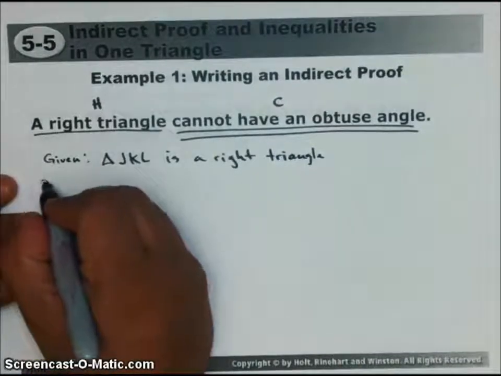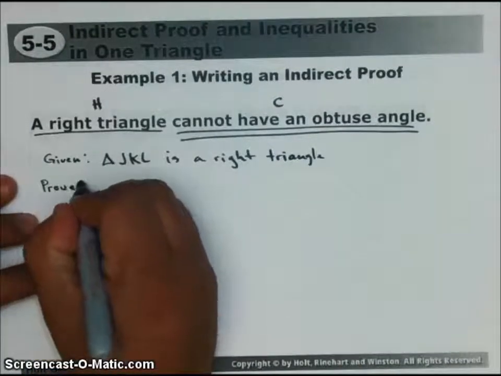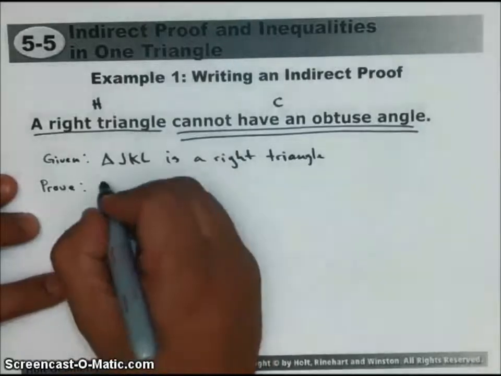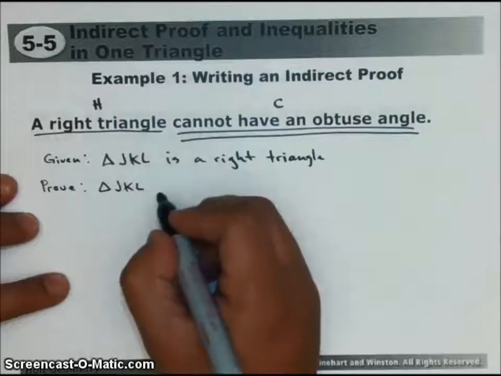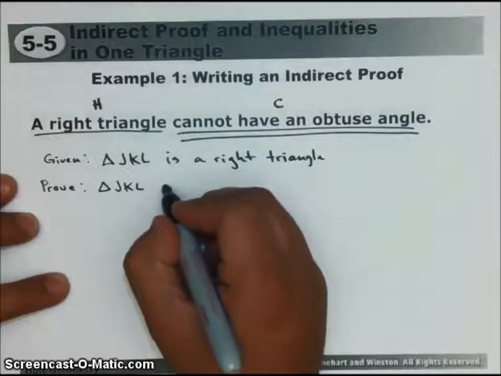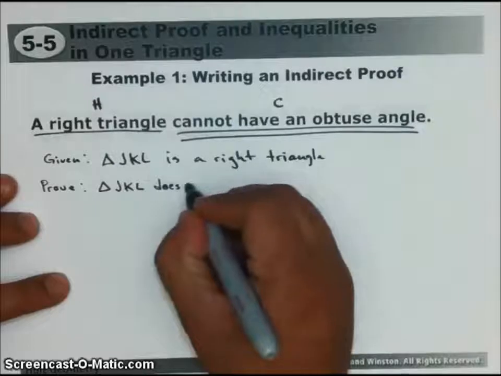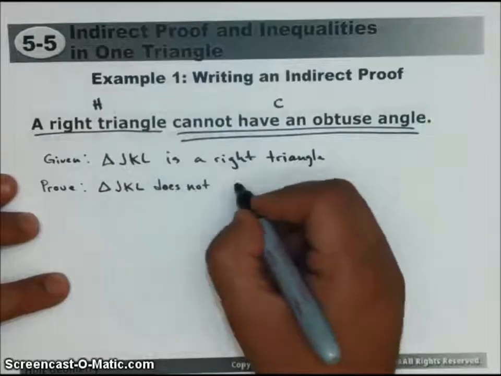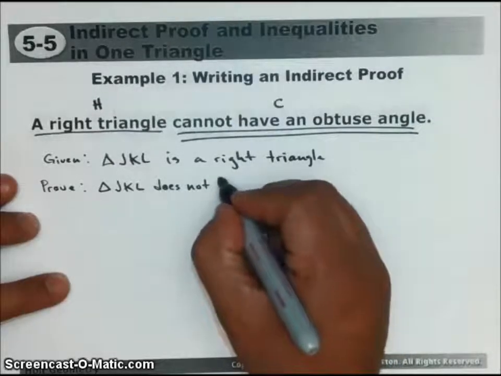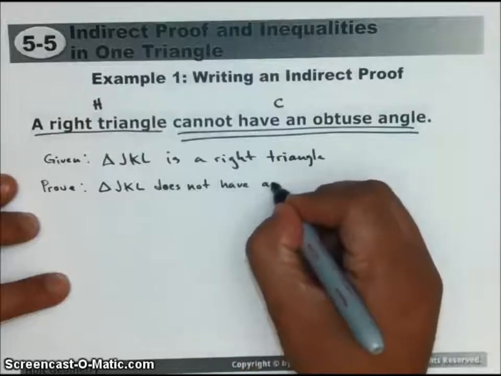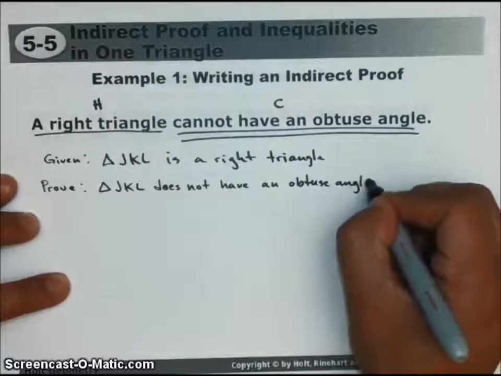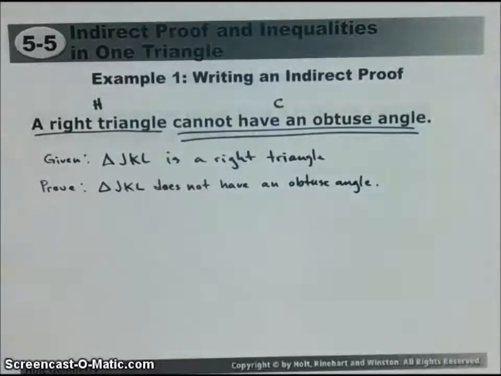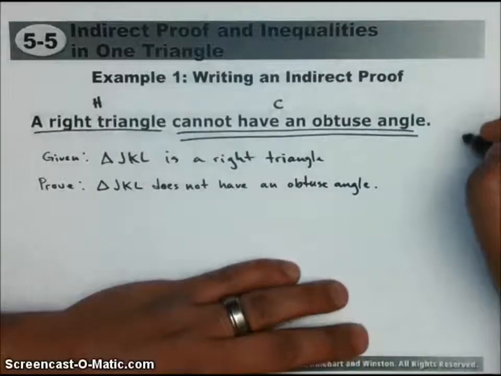We want to prove that triangle JKL does not have an obtuse angle. Just for reference, I'm going to draw triangle JKL.